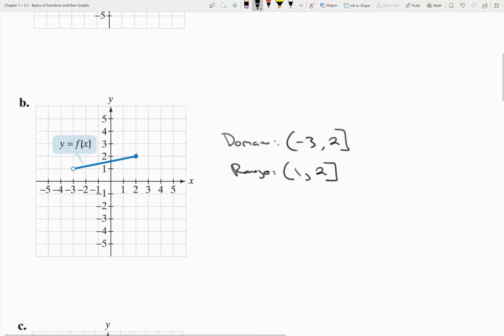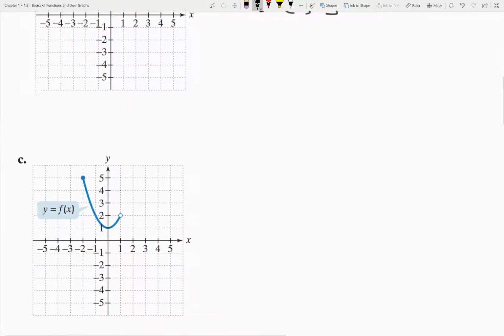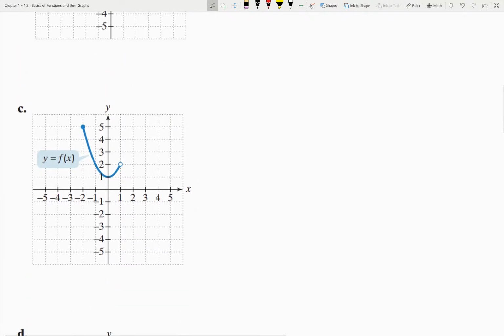But remember, the domain is the furthest left point to the furthest right point. The range is the bottom point to the top point. And in both of these two functions, the functions stop. It's not always true in part D. But the difference with C is that it doesn't start at a point and end at a point. It does for the domain. The furthest point to the left is a bracket with -2.